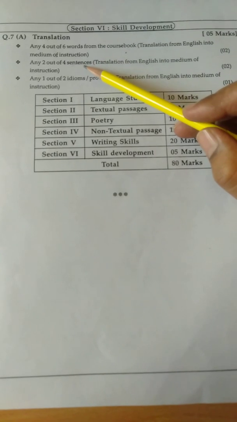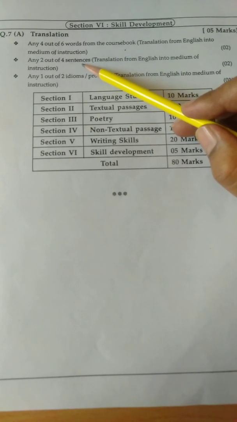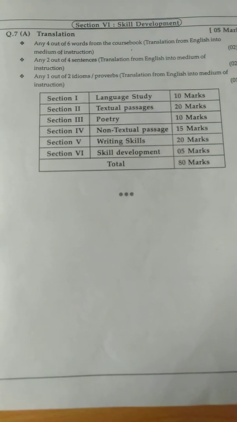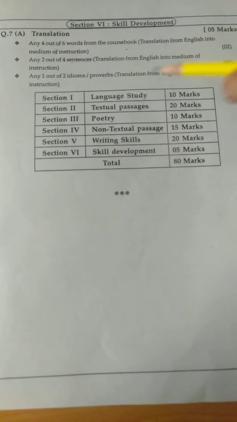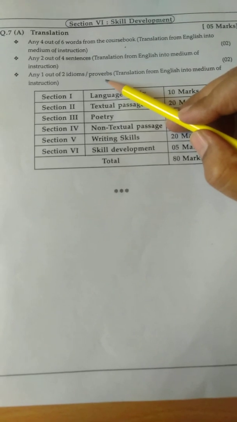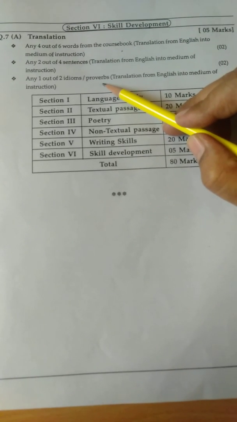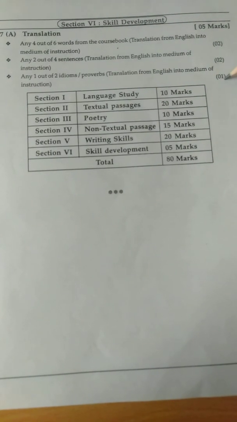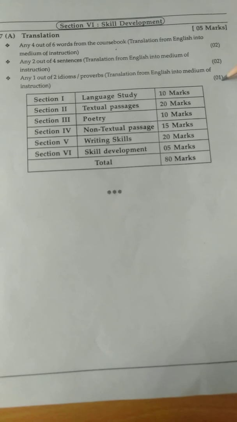Then 4 sentences will be given to you. You have to translate 2 sentences out of 4. It is for 2 marks. Then 2 idioms or proverbs will be given to you. You have to translate any one idiom or proverb. It carries 1 mark. So this is the format of the question paper.